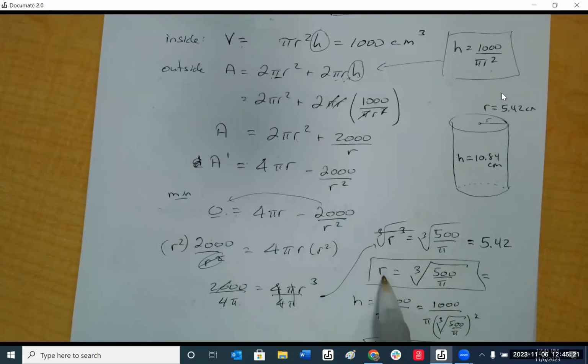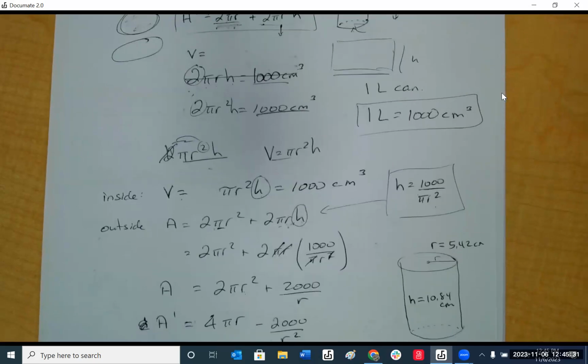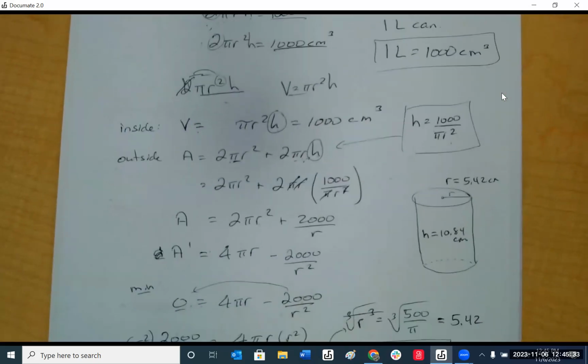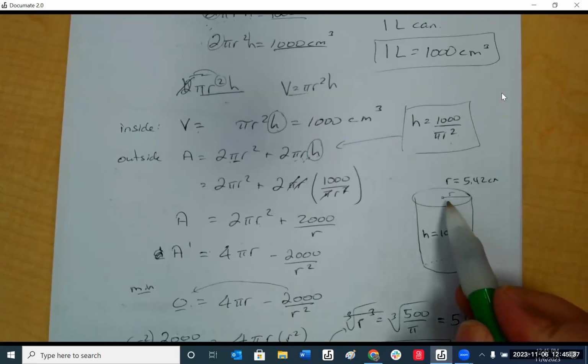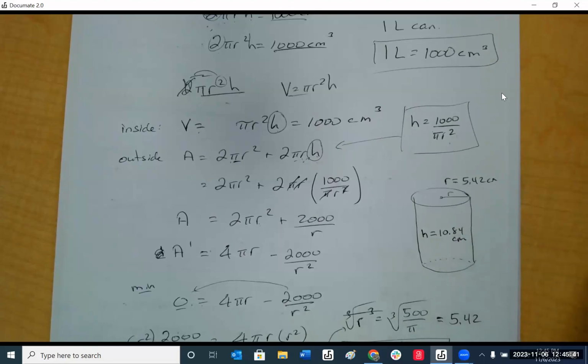Once we find r, then we can go back up here and find the height. So for this can, we have to have the radius of 5.42 and the height of 10.84 to find the minimum. So it's going to have that ratio, 2-to-1.